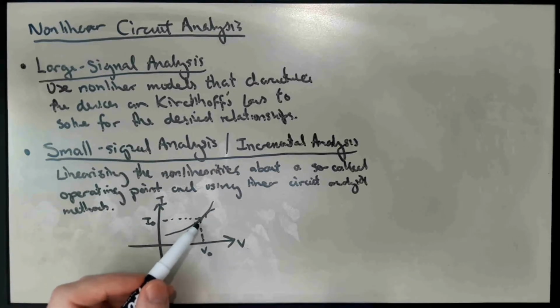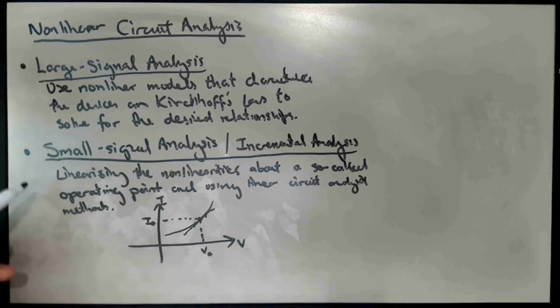And we're going to basically say that all of the second order and higher terms in that Taylor series expansion are negligible compared to the constant term and the first order term, which gives us the increment. And we're just going to truncate the series after that first order term and assume that we're not going outside of the boundary where that approximation is good. And then we're basically treating the system as a linear system. And that's sort of the difference between these two approaches.